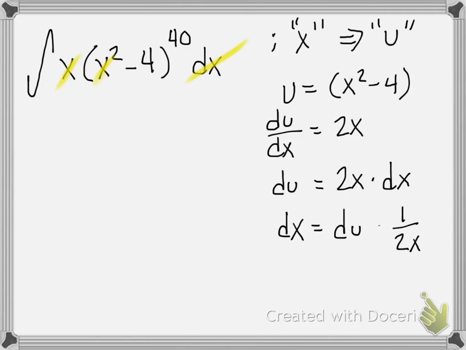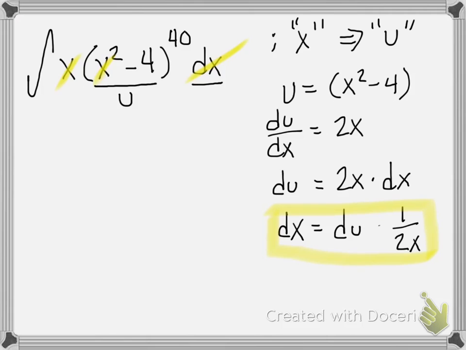Okay, so the whole point of doing that is to figure out stuff that you can sub in to make things easier on yourself. So if you look in the equation, we have our u, which is what we defined, and we have a dx, which we also found right down here on the very bottom.